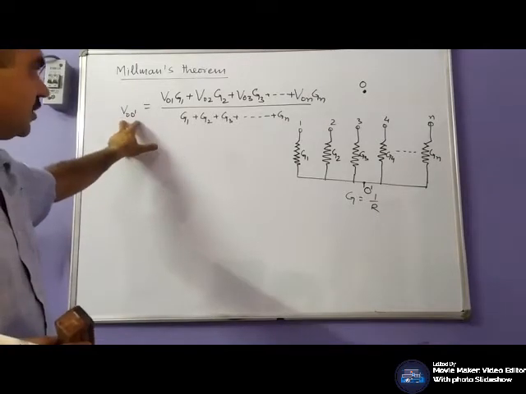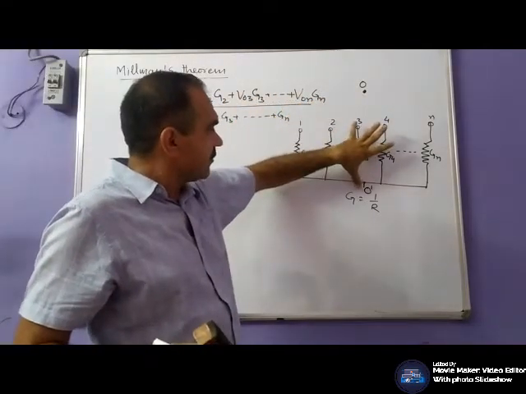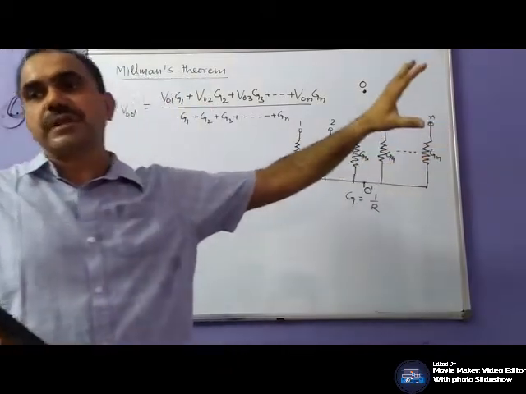And V00 dash is the voltage across any branch.